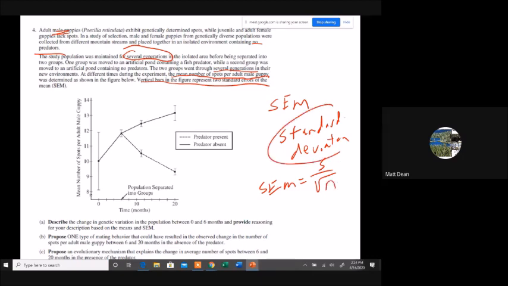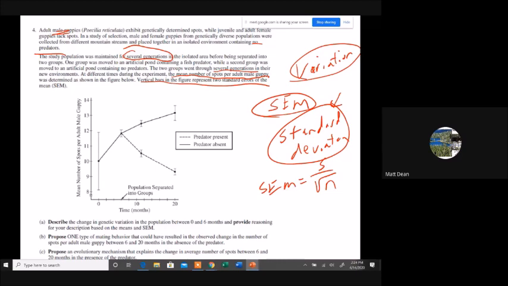Standard deviation, though, is a measurement of variation. Data sets with a large standard deviation have more variation. Data sets with a small standard deviation have less variation. The same can be said for the standard error of the mean. Bigger standard error of the mean means more variation. Smaller standard error of the mean means less variation.